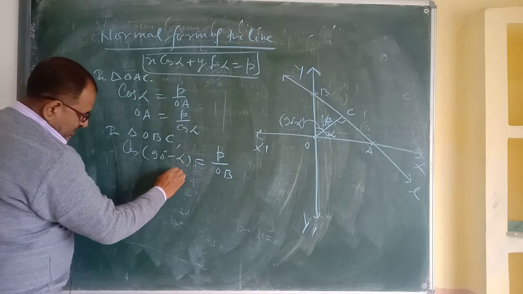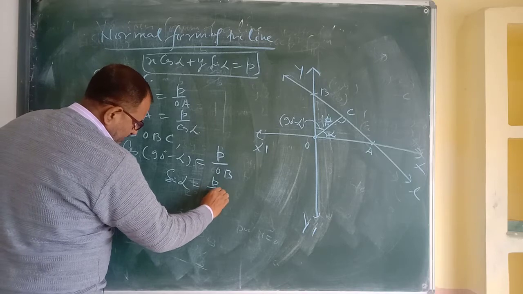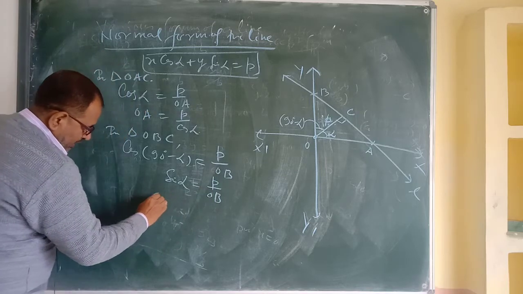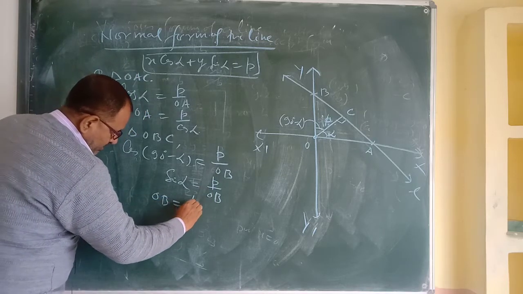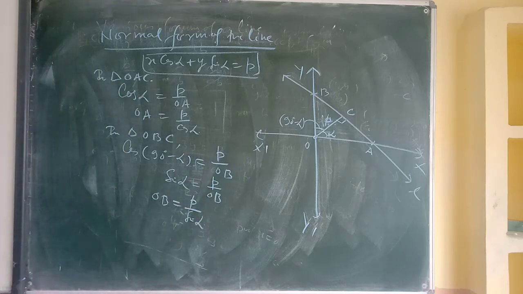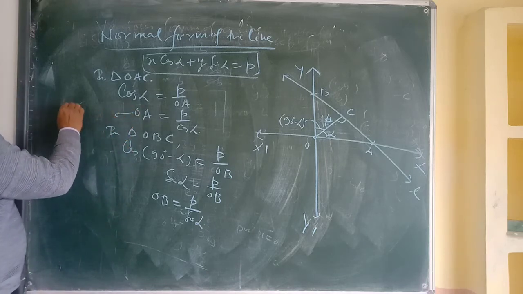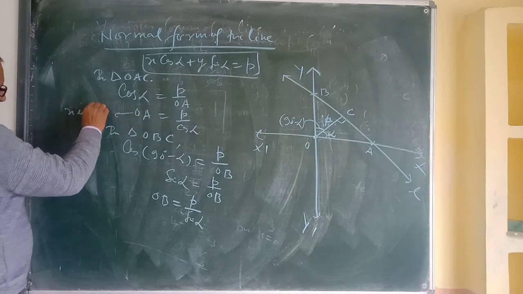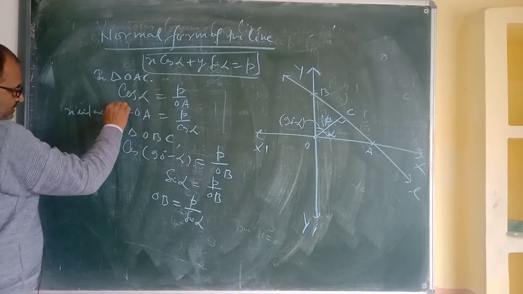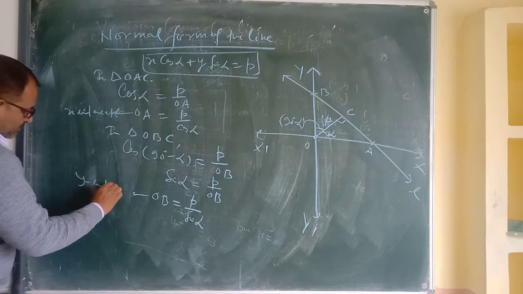Cos of 90 minus theta is sin theta, so sin alpha is equal to p upon OB. So OB is equal to p upon sin alpha. OA is the x-intercept and OB is the y-intercept.